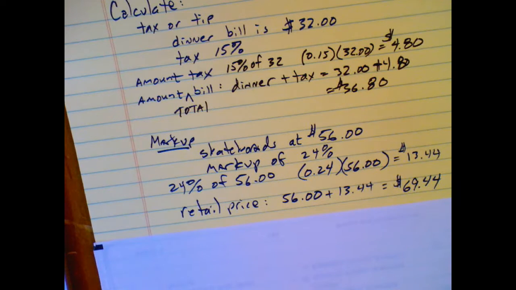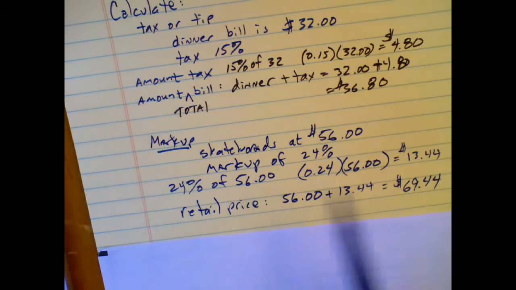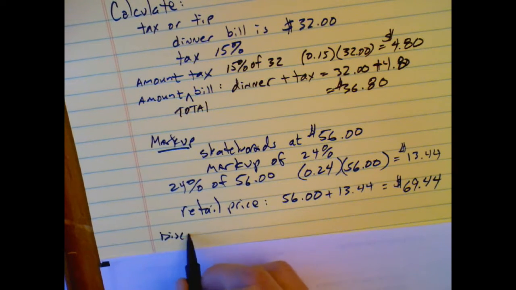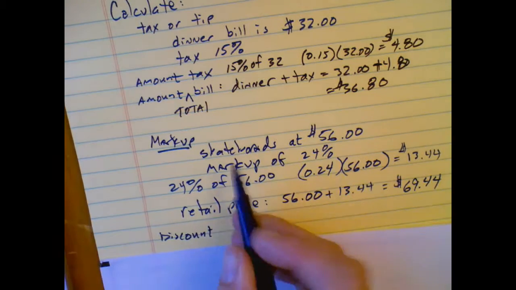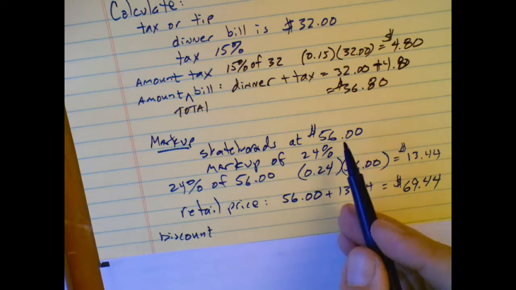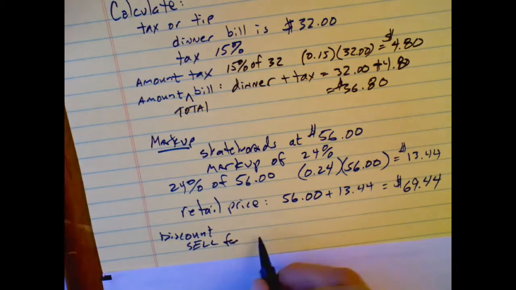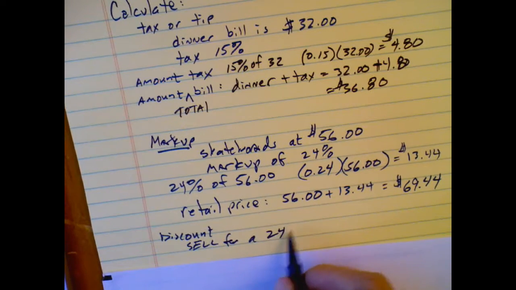Okay, you could also be asked about discount, which is the same thing as a markup, except then we're going to subtract. So if we do a discount, and it was the same item here, say we're buying skateboards, we're selling them at 56, and we're going to sell for a 24% discount.